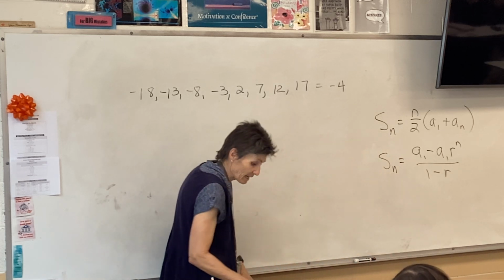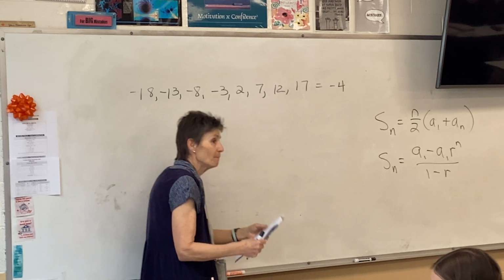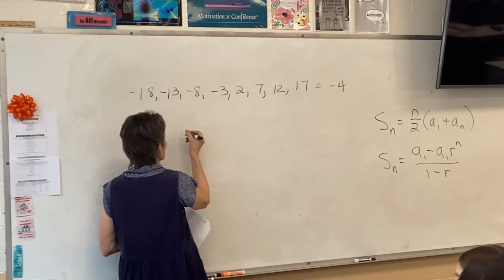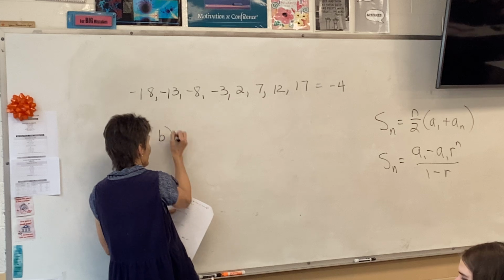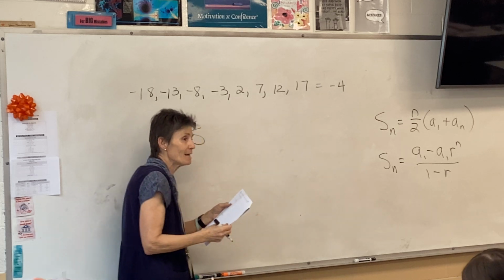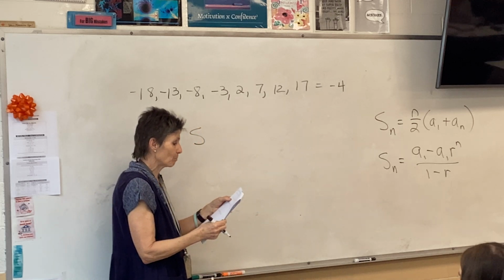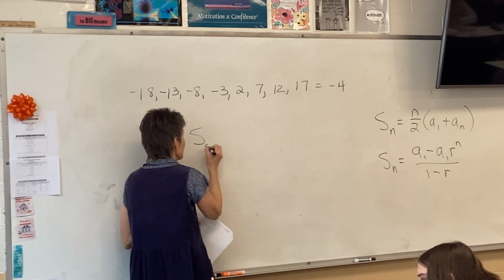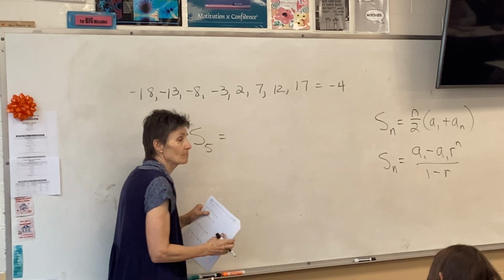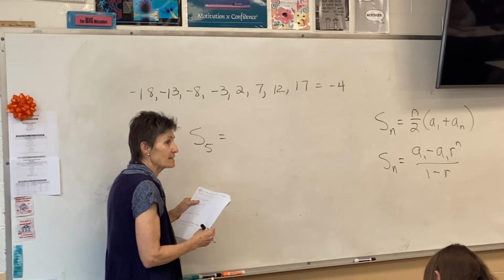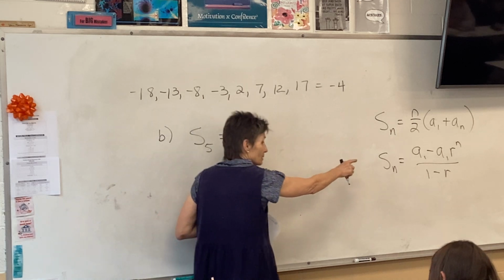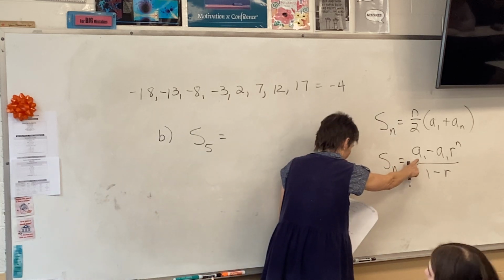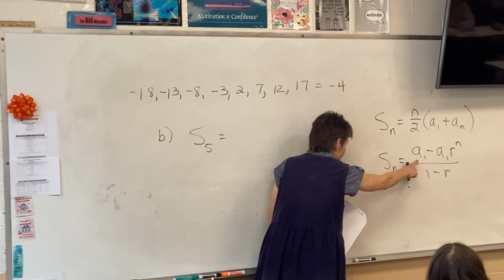I know you can type these in on your calculator, but let's see if we can use our formula for problem B. How many are we adding in problem B? We are adding 5, so S sub 5. Now what does S sub 5 equal? The first term, which is negative 2.